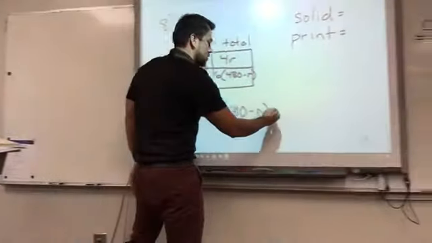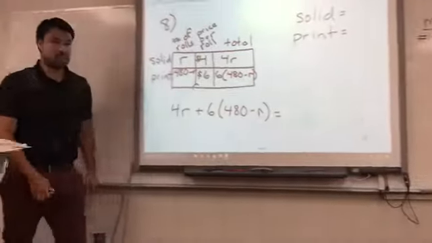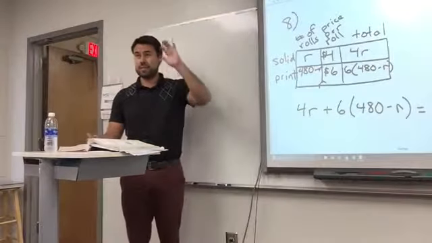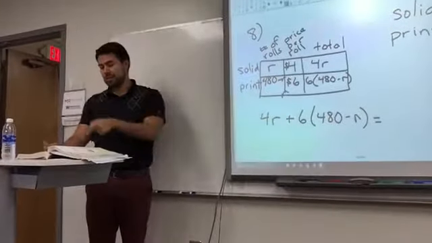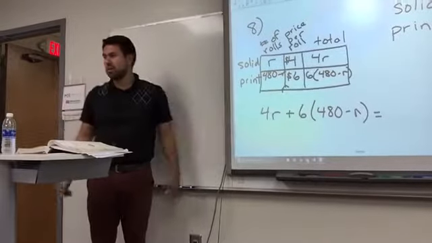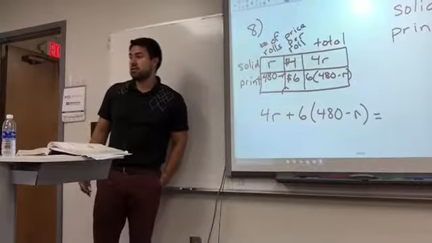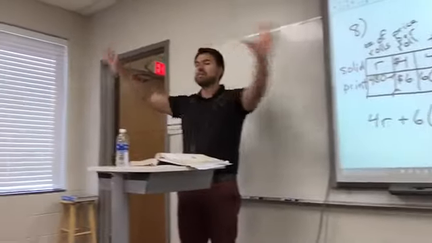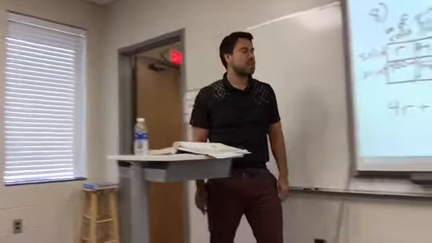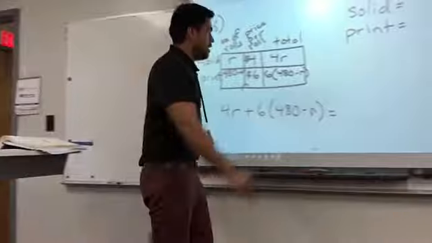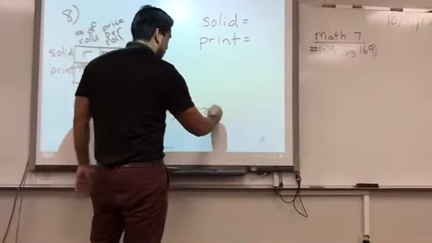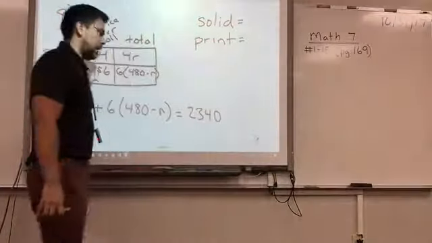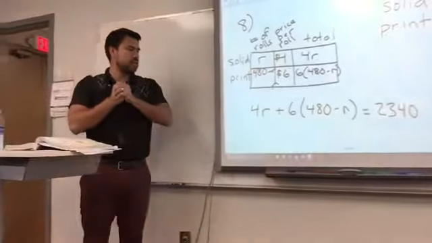What's the grand total of the rolls of gift wrap in this problem? What's the grand total? So the total cost of it all. 2,340? 2,340. Okay, that's the total cost of it all.